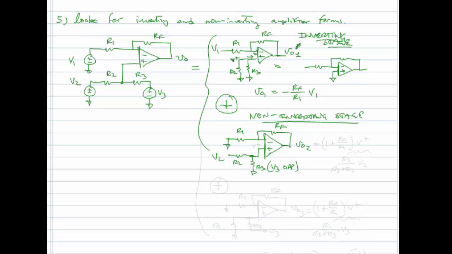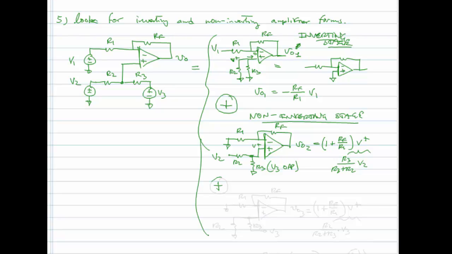We have a non-inverting amplifier, so the gain is 1 plus RF over R1 times V plus, the voltage at the non-inverting input. But what is that voltage? That voltage is a voltage division of V2. It's R3 over R3 plus R2 times V2.